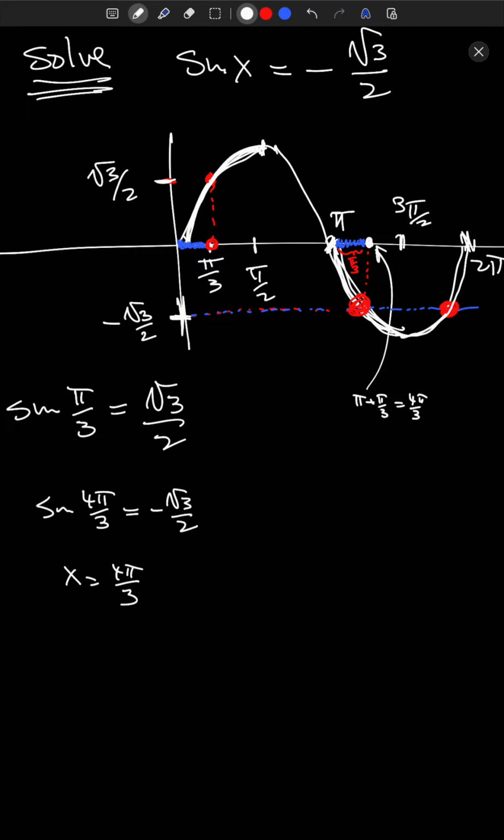This hump right there is the same as our initial hump between 0 and pi over 2, except it's upside down again. This little part from 0 to pi over 3 is equivalent to this part from 2 pi, except going to the left, pi over 3.